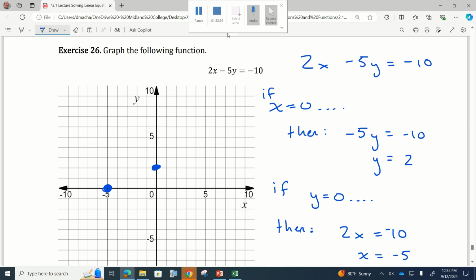I like this method because I don't have to rearrange the equation. And it's pretty easy to find those values if you set x equals 0 or y equals 0, and then find the other one. And if you have 2 points, 2 points fully defines what your line is, right? It even helps if you have a ruler or the edge of the paper and you can line it up and draw a line through both of those points and you have graphed the function.